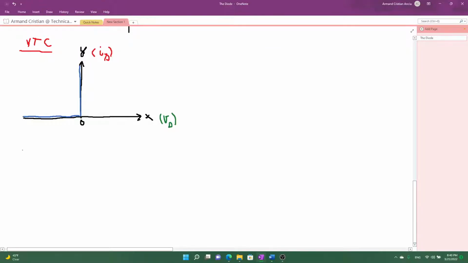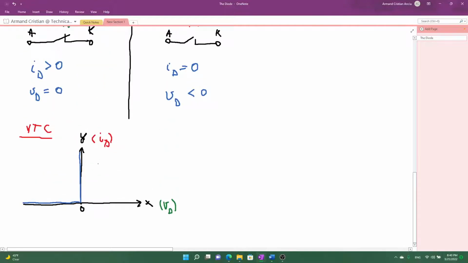Now that we know how our diode behaves, we have to also separate this graphic into two regions. The forward bias to the right, this is where we consider the diode to be on.